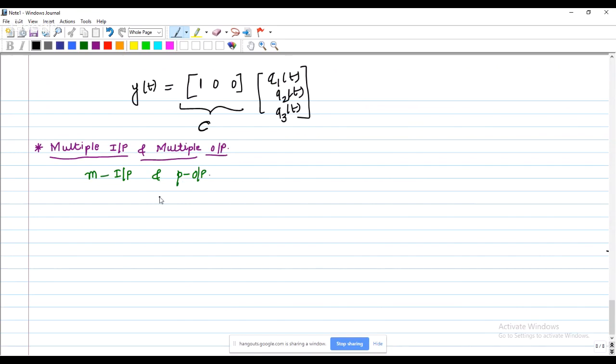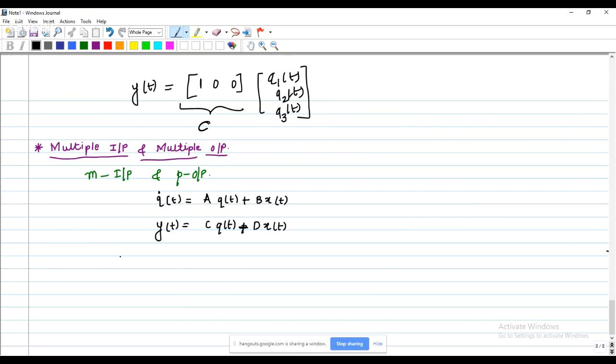So we have now q dot t is equal to A q of t plus B x of t. Now x becomes a vector, and B will also be a matrix. And y of t will be equal to C q of t plus D x of t.